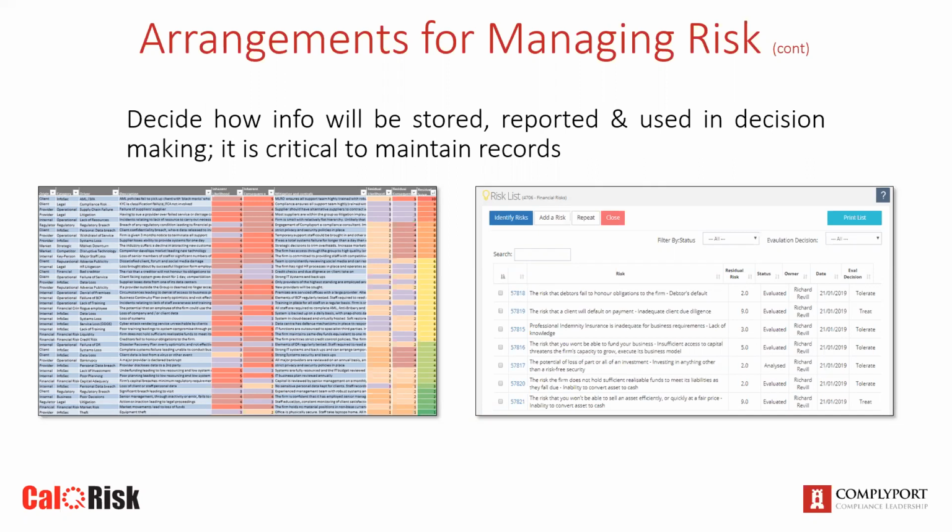And again, referring back to CP 19/20, they are starting to expect all firms to be able to evidence the existence of a risk framework. And in my view, even the smallest of firms could put together 20 risks and their analysis and the controls that are in place in Excel, just as we've done on the left here.